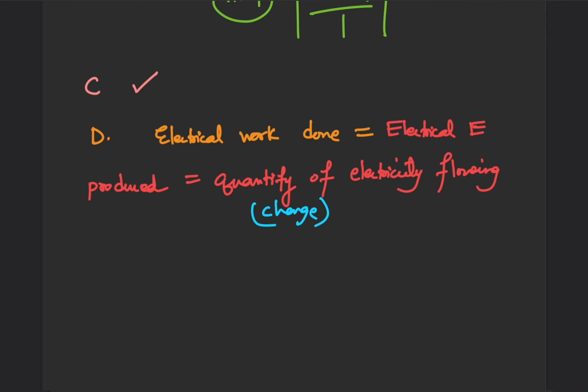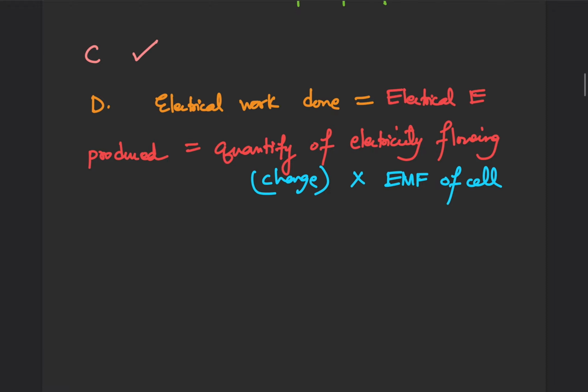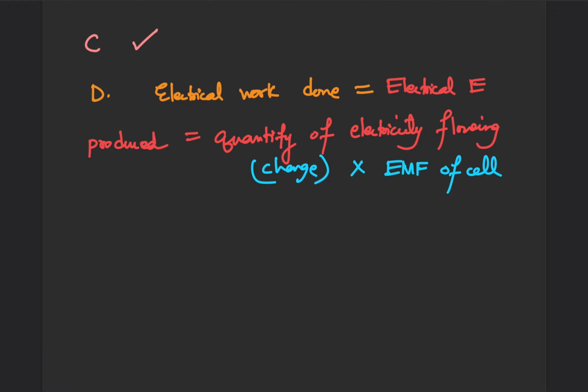and the EMF of the cell. EMF is also the potential difference. But option D says that electrical work done is equal to the ratio of charge and potential difference, which is incorrect.